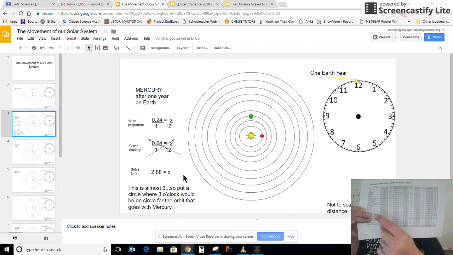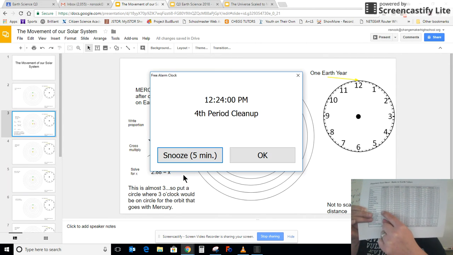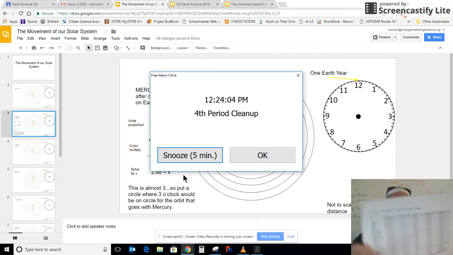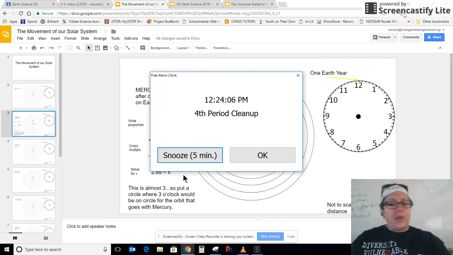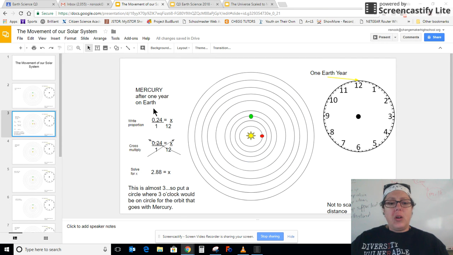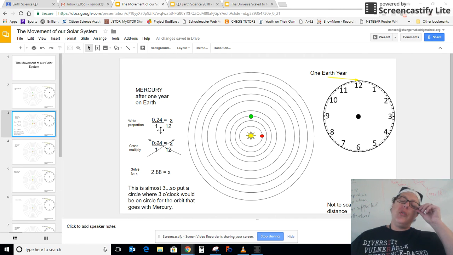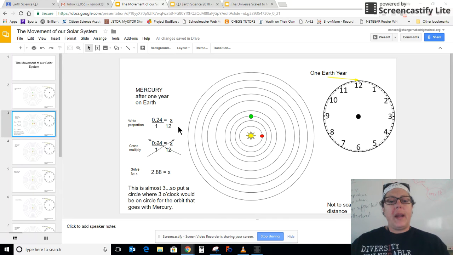So Mercury's 0.241, which is about almost 0.25. So I'm going to put that down, and you are going to use this proportion for all of your math calculations. So you will do this on a piece of scratch paper, or you can write it in on the slides if you would like to try that, but that will take time.